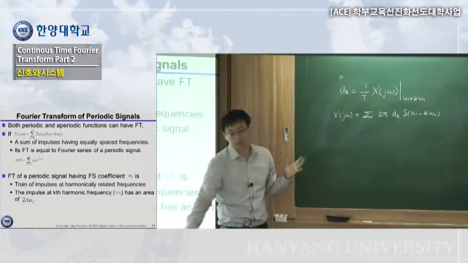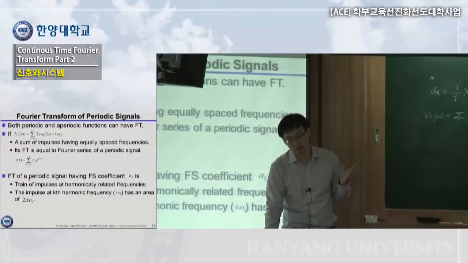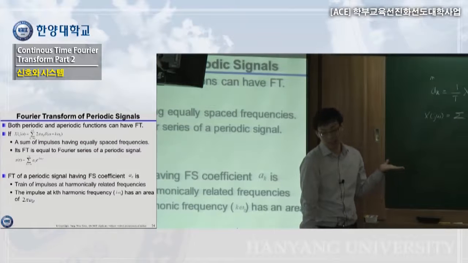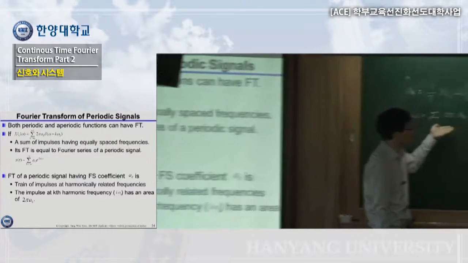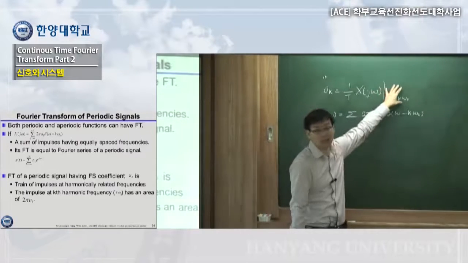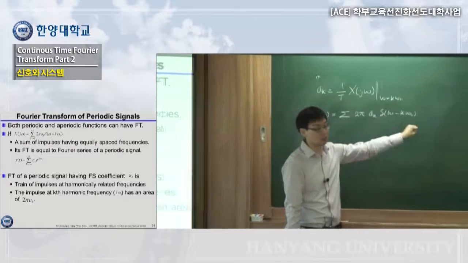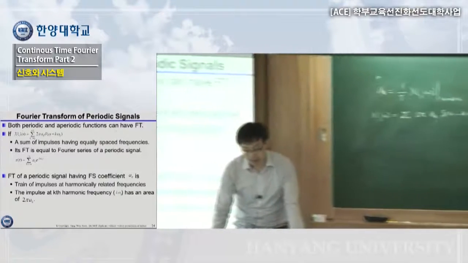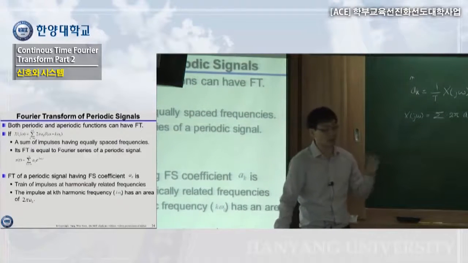So in short, the Fourier transform of a periodic signal having Fourier series coefficient AK can be considered to be a train of impulses, because as I said, they are taking samples in the frequency domain at equally spaced omega 0. That was the same. These are harmonically related frequencies, with spacing of omega 0.